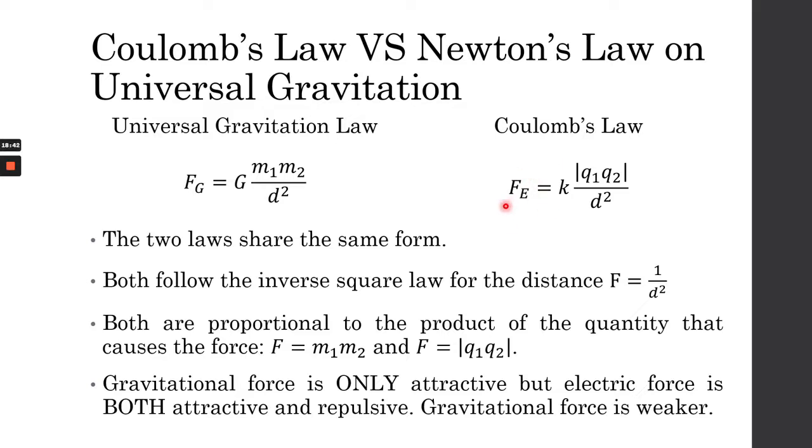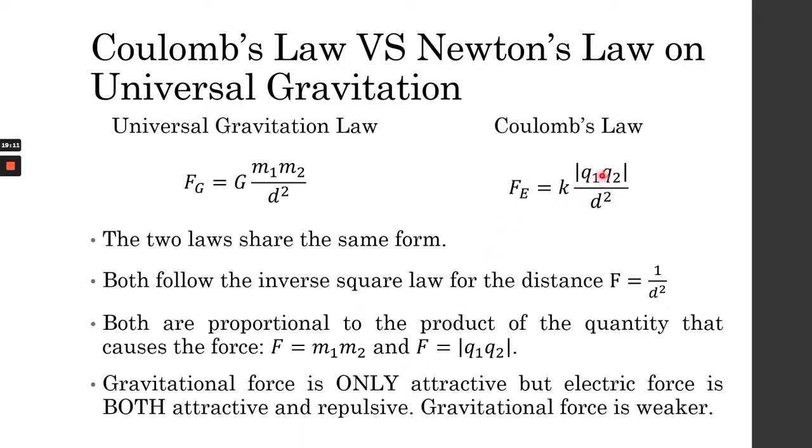But for electric force, depending on the sign of the charges, it could be positive or negative. It could be attractive or repulsive. Again, when you multiply the two, just remove the sign. But when you're considering whether it is attractive or repulsive, which basically tells you the direction of the force, you have to remember which sign the particle is.